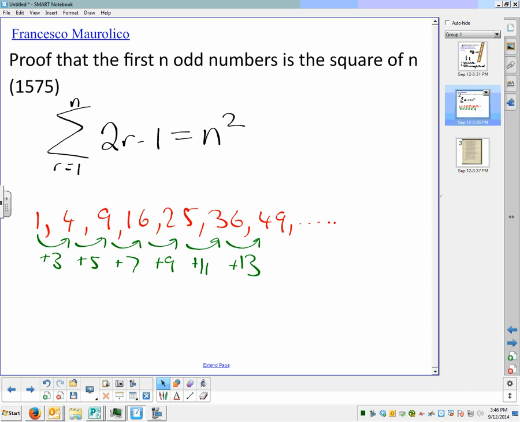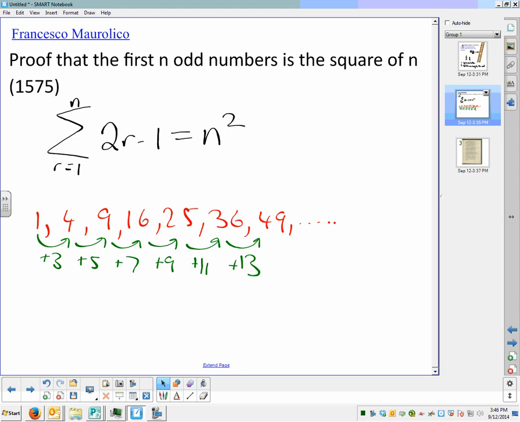So how do we go about doing it? Well, we need to prove two things. We need to prove that it's true at the start, so it's true for the first number, and then we prove that if it's true at one place, it's true for the next number. So this is similar to our ladder.